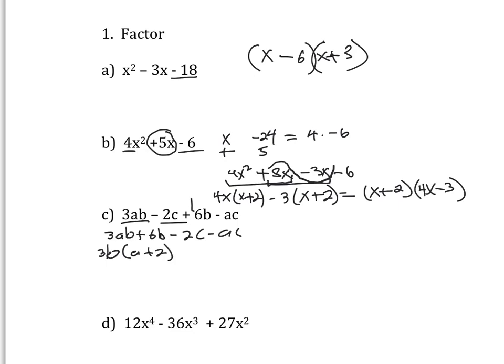And now we can factor a negative c out of the last two terms, which leaves us with a 2 and a positive a. Positive a here, because we factored out a negative c, which left us with a positive a. And since 2 plus a and a plus 2 are the same, we can say we'll factor out the a plus 2, and that leaves us with 3b minus c as our factorization.